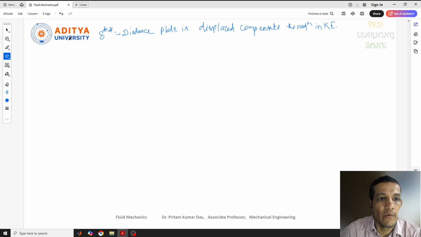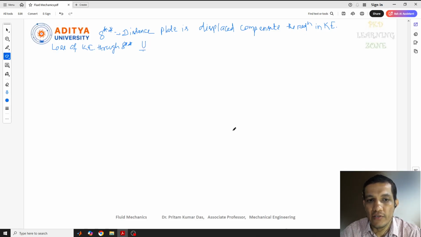Now we can write the loss of kinetic energy through delta double star with a flowing velocity U. Why does this free stream velocity need to be considered?